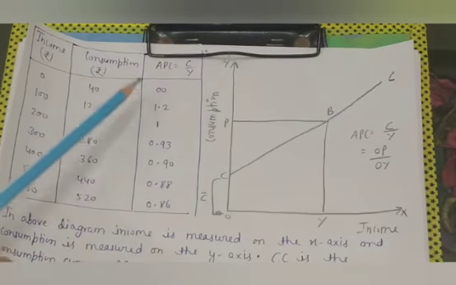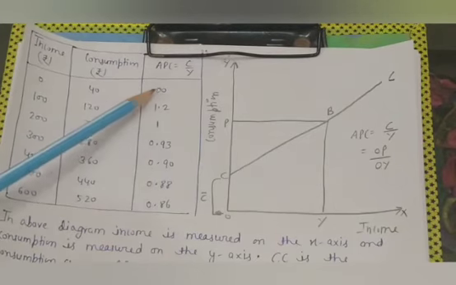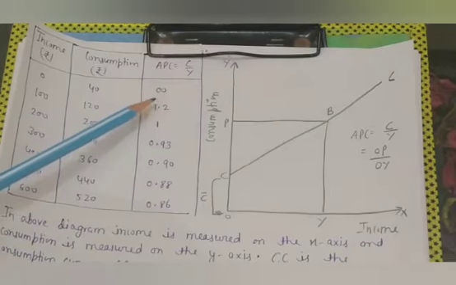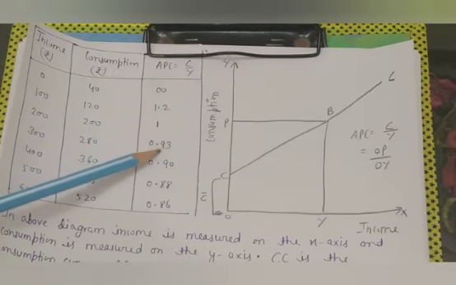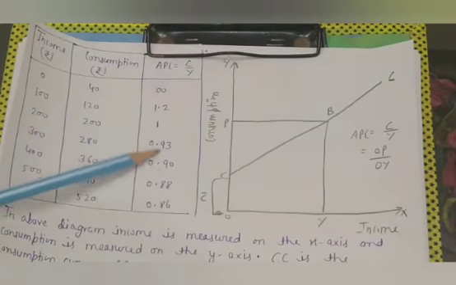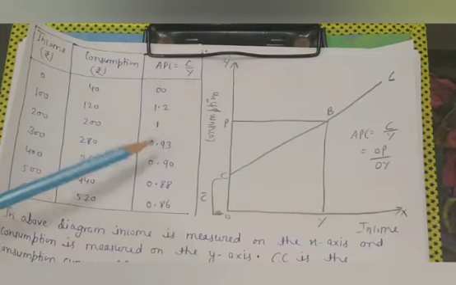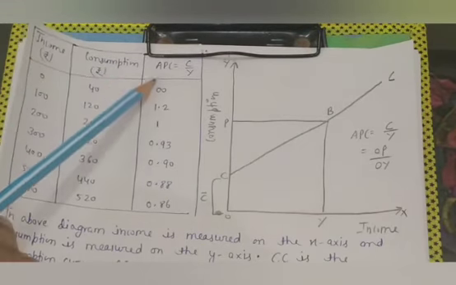Here the value of APC is decreasing: from infinity to 1.2, from 1.2 to 1, to 0.93. I hope all of you have understood the relation between income and APC.